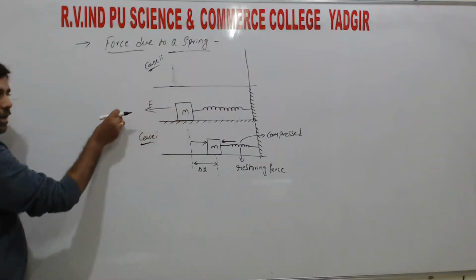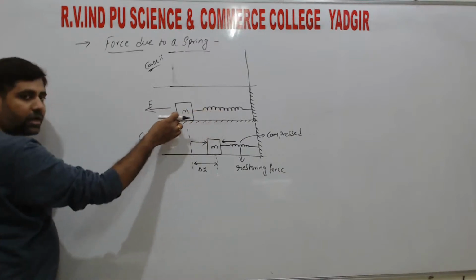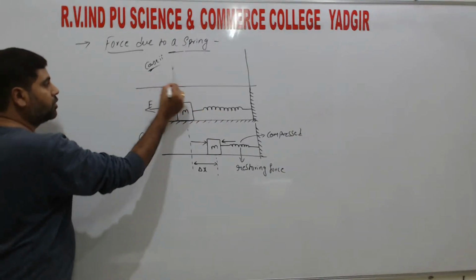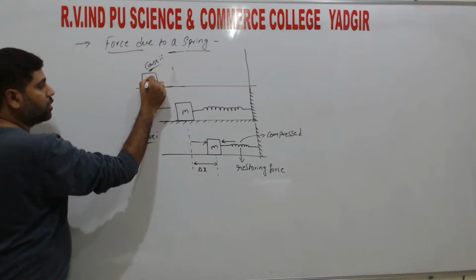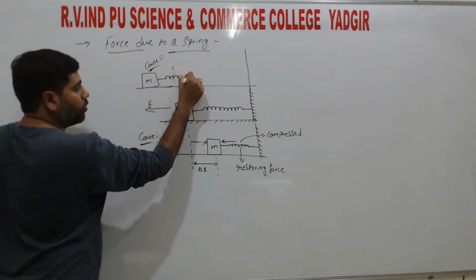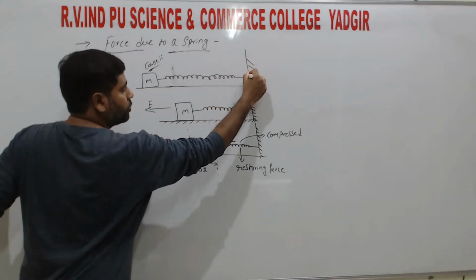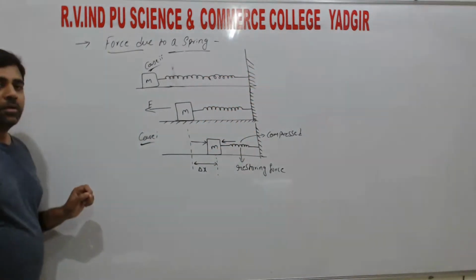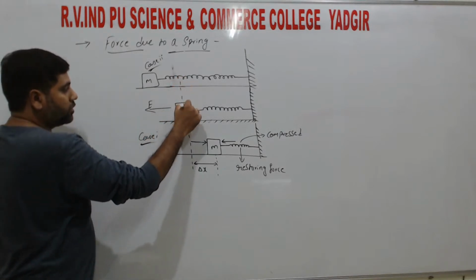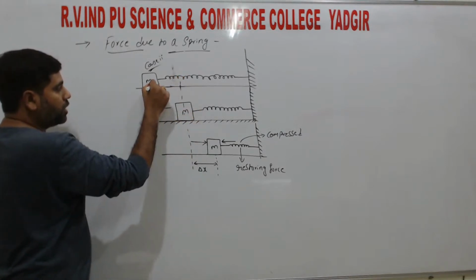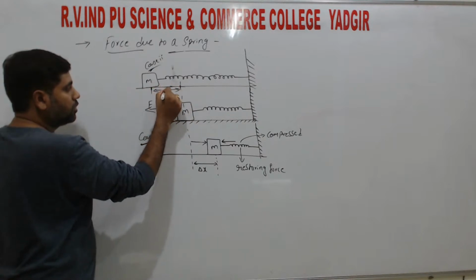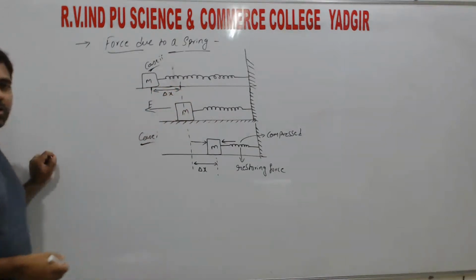As we pull the block, the spring gets elongated, right? Somewhere here is the block of mass m. The initial position of the block is this point and the final position is displaced to some other position.